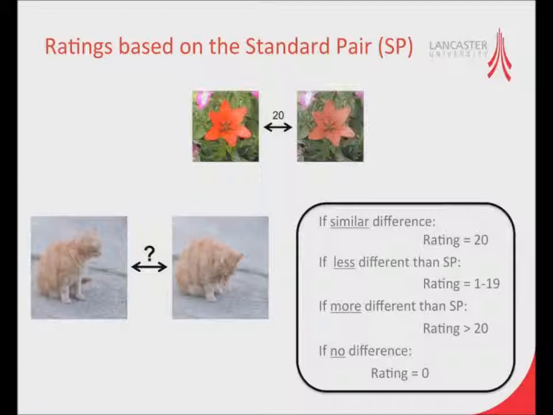Okay? If they feel that this difference is less different than this difference, they would give a rating between 1 and 19. If they thought it was more different, they would give a rating of greater than 20. And if they felt that there were no differences, as in the texture example, they would give a rating of 0. Okay? And as you can imagine, it is quite difficult because these differences are across dimensions. But after a bit of practice, observers become quite good. I just tell them, don't think too much, just go with your gut feeling.